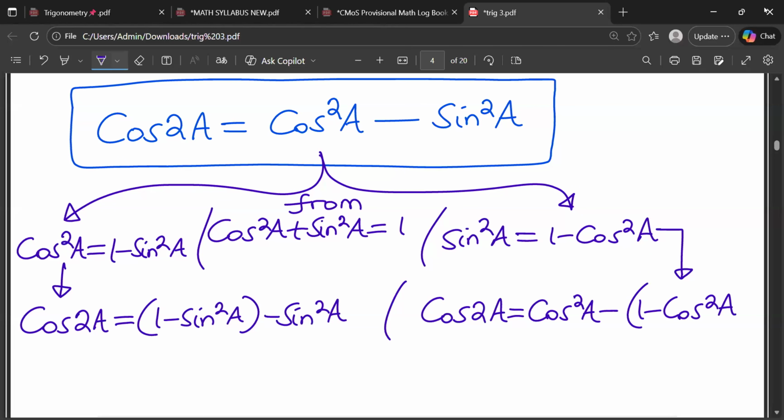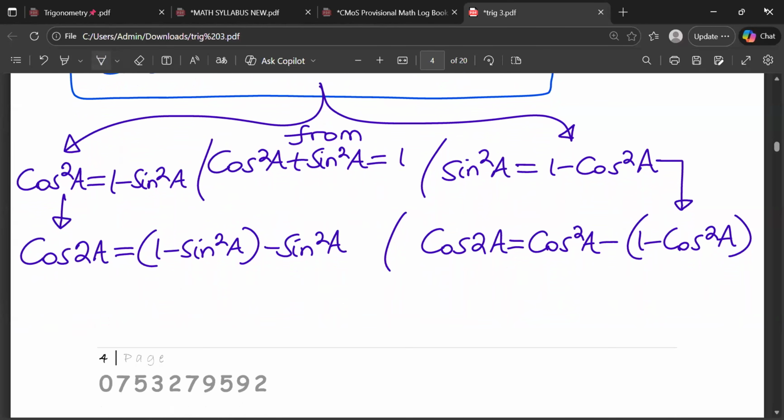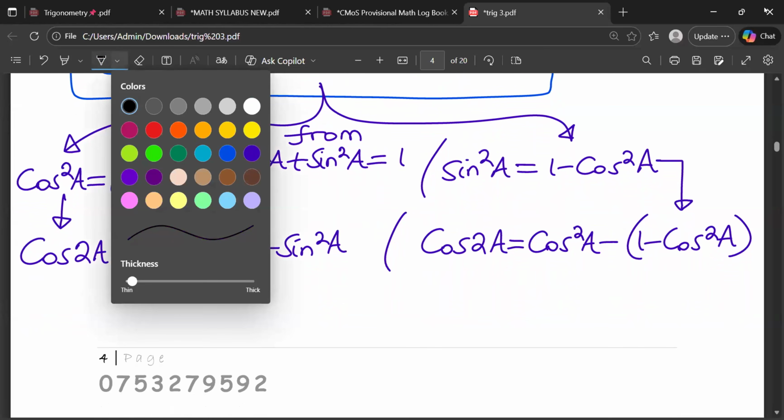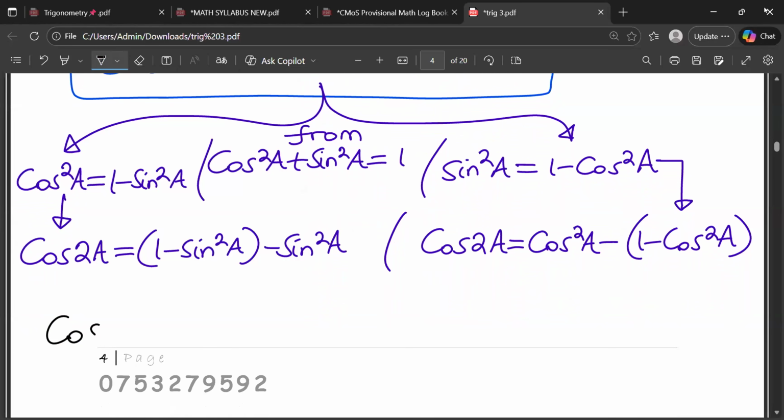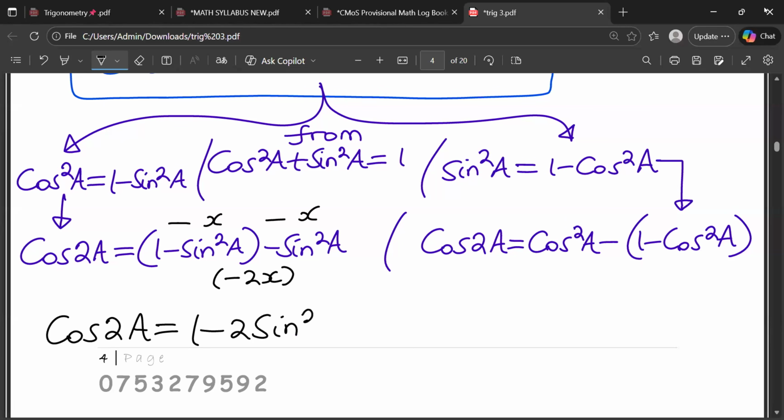Cos squared A, like that. Then if people are following. Then when I proceed, I'm going to come up with two new equations. The first one is cos 2A. I'm having 1, then this one is like minus x. So that will give us minus 2x. You understand? So this one will be minus 2, and what is our x? The sine squared, like that.